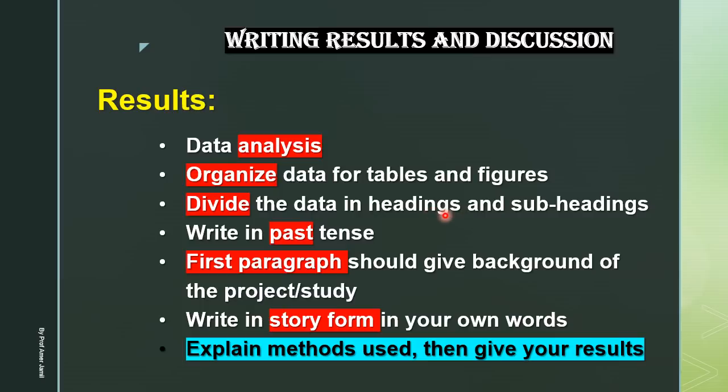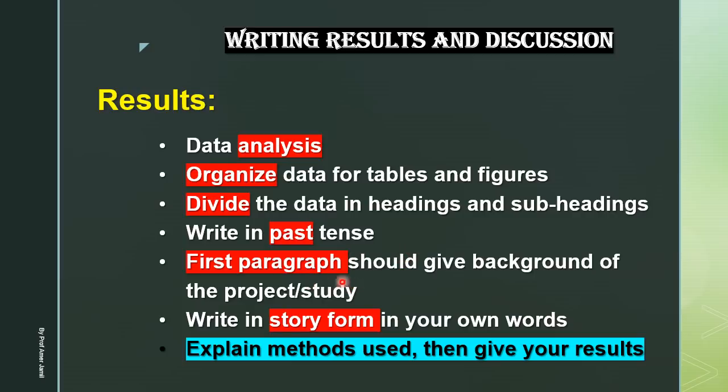Now these headings and subheadings are different from those given in the review chapter. In the review chapter, the headings and subheadings were according to the data table, which was made out of research by other people. But here you are making these headings and subheadings based on your own research, and of course you will write mostly in the past tense.